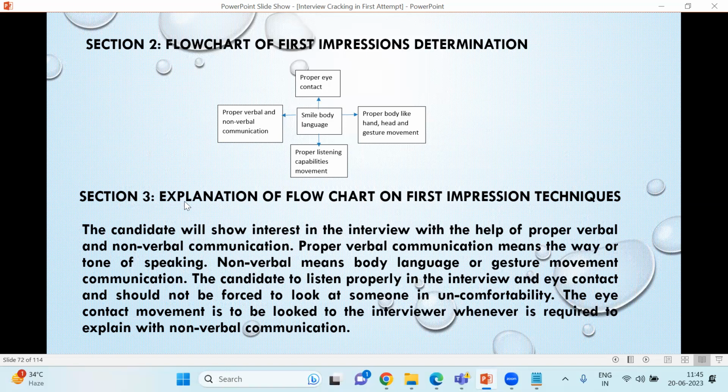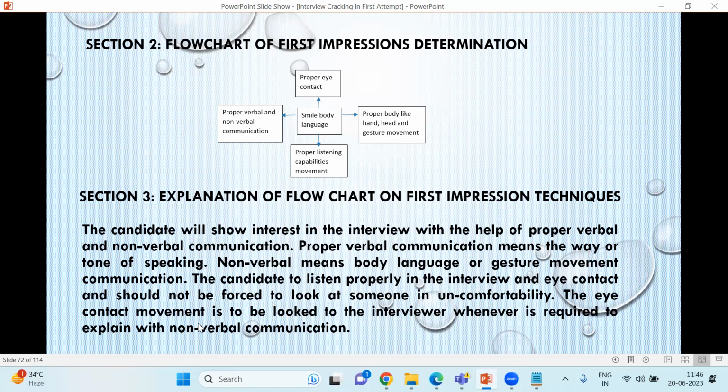Section 3, explanation of the flowchart on first impressions techniques. The candidate will show interest in the interview with the help of proper verbal and non-verbal communication. Proper verbal communication means the way or tone of speaking. Non-verbal means body language or gesture movement communication. The candidate should listen properly in the interview, and eye contact should not be forced onto someone uncomfortably.